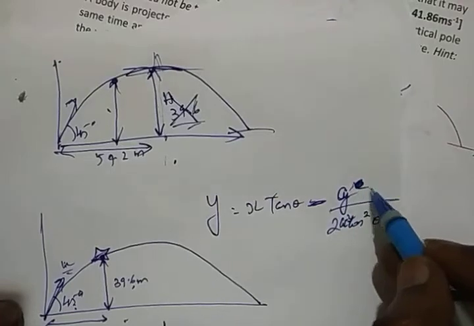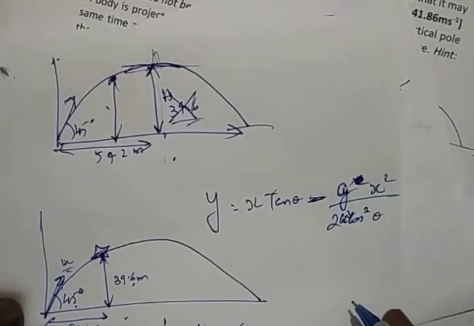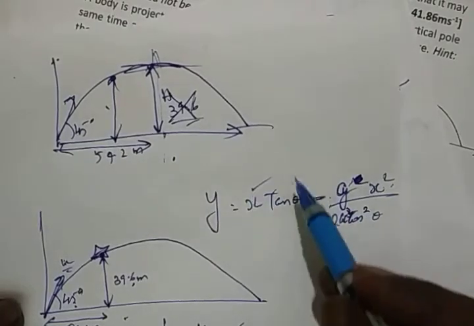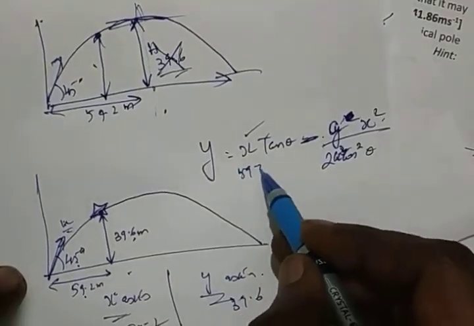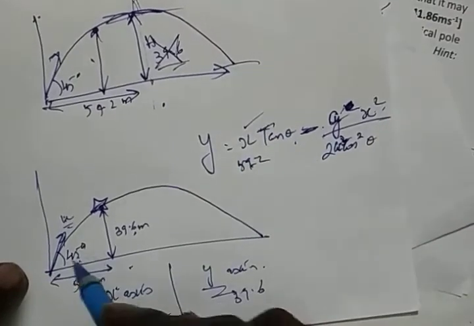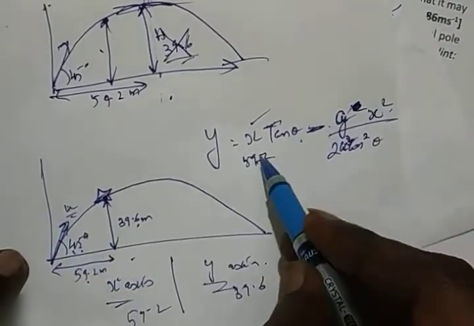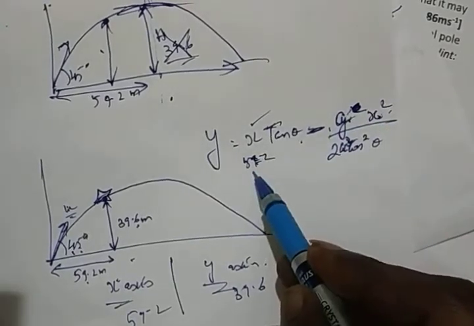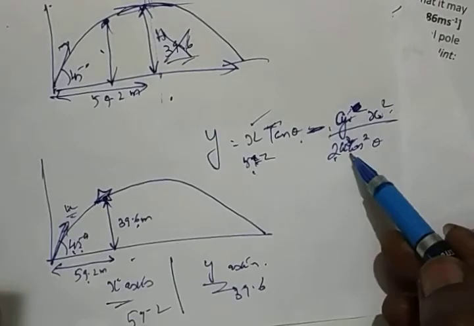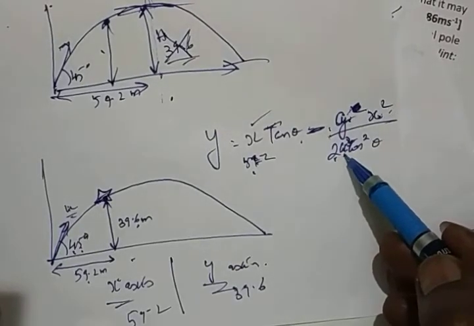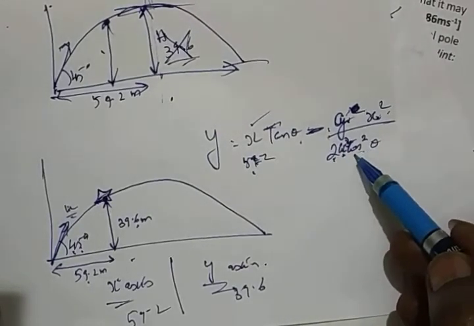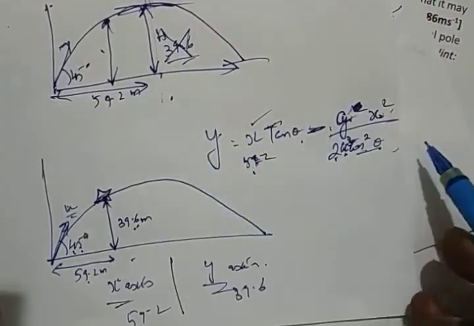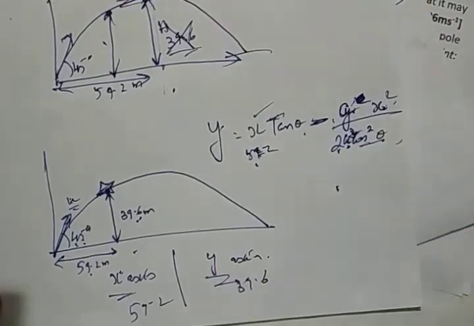Sorry, it is g x square upon 2 u square cos square theta. So for x you put 59.2, and tan 45 degrees is 1, minus g is 9.8, x square is 59.2 squared, 2 is just a number, u square you don't know. You need to find the u square value, then put cos square theta, and y is already 39.6. You put all the values, shift terms, and you will get the answer.